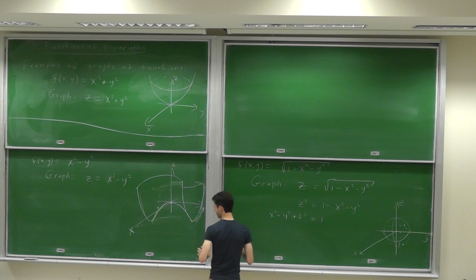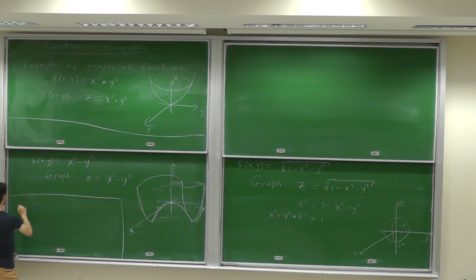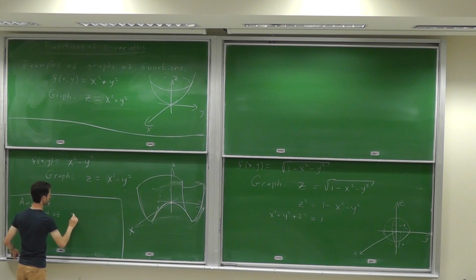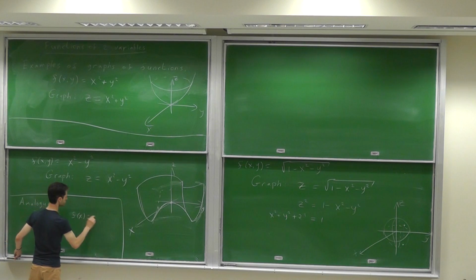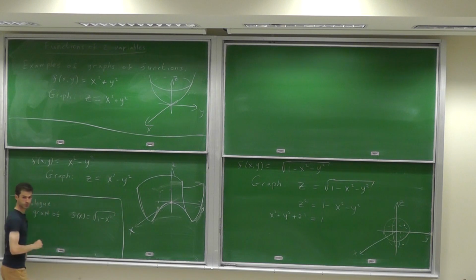Let me give you a one-dimensional analog. The graph of the function f of x, which is equal to the square root of 1 minus x squared. What is the graph?